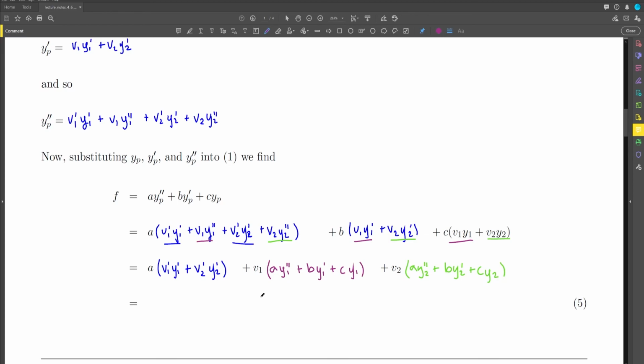So this whole term is 0, and this whole term is 0. And so we're left with f equals a times v1 prime y1 prime plus v2 prime y2 prime. And we'll continue this in the next video.